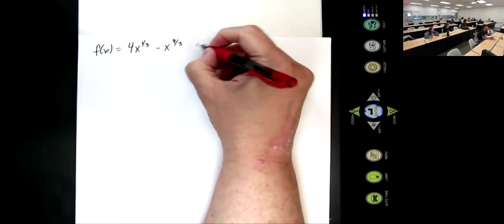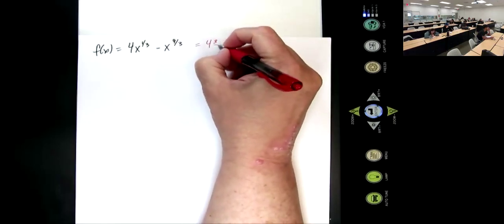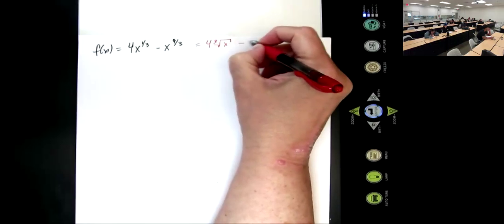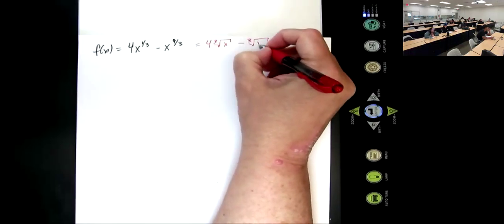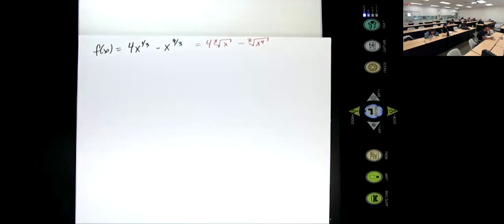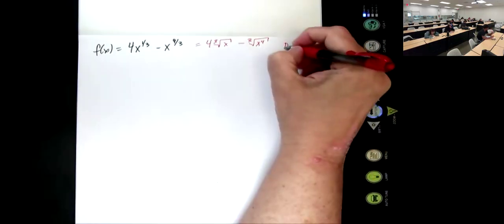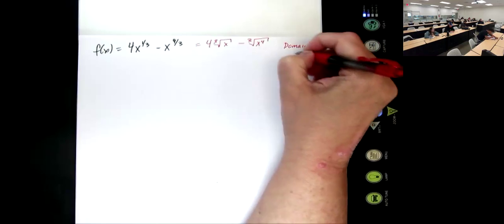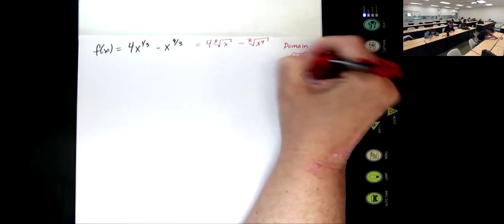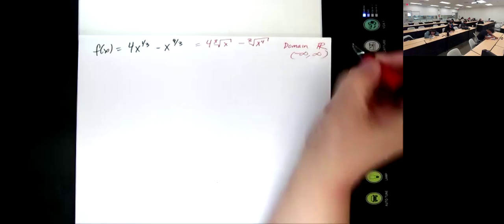This is the same as 4 times the cube root of x minus the cube root of x to the 4th. So I take the cube root of any value, negative or positive. I don't have any domain violations for that. I don't have anything in the denominator. Domain is full number line, or all reals, as they like to say.